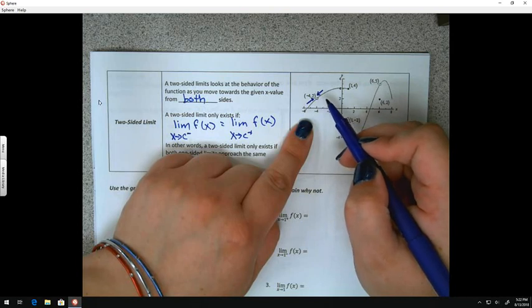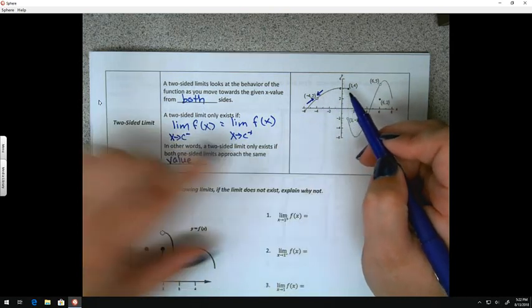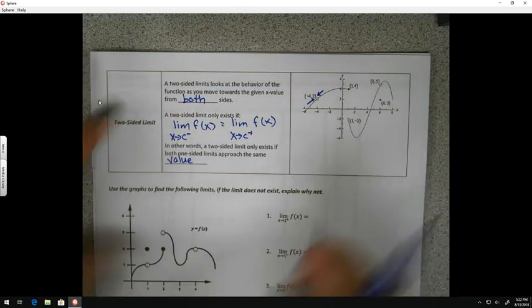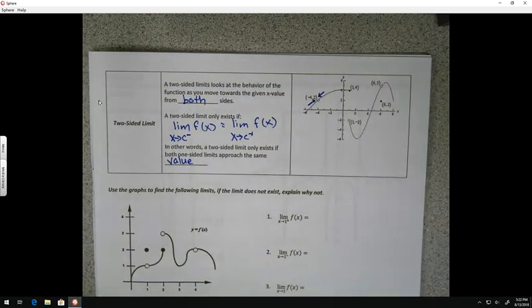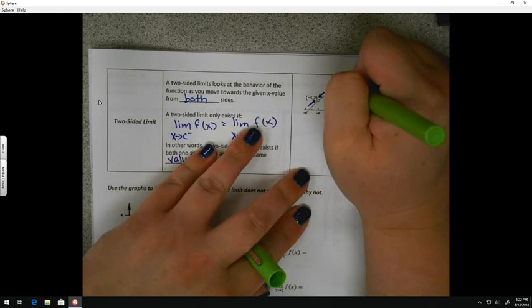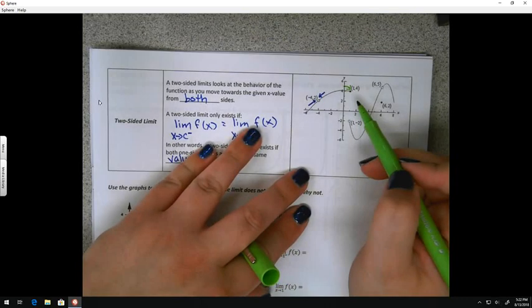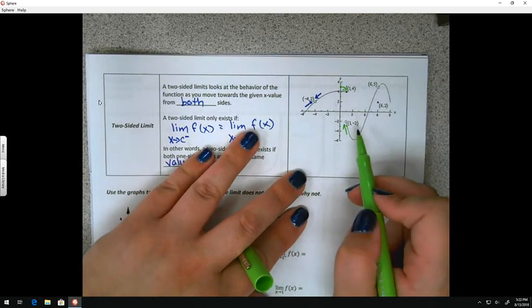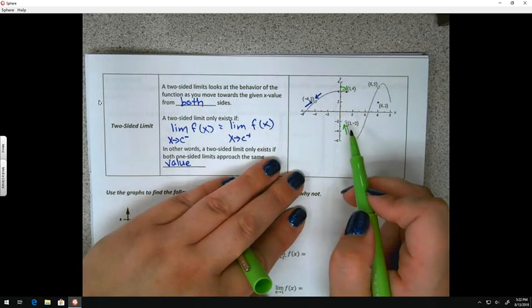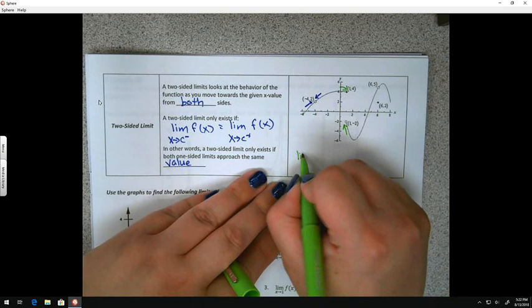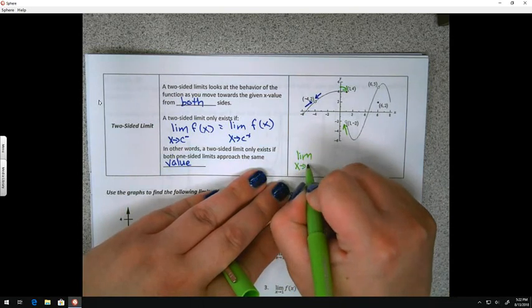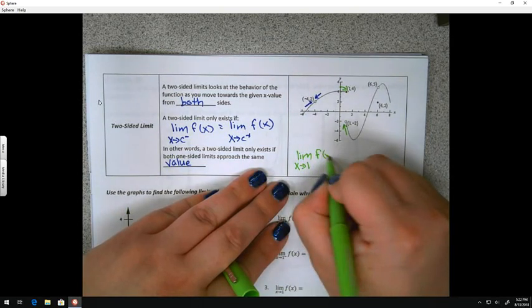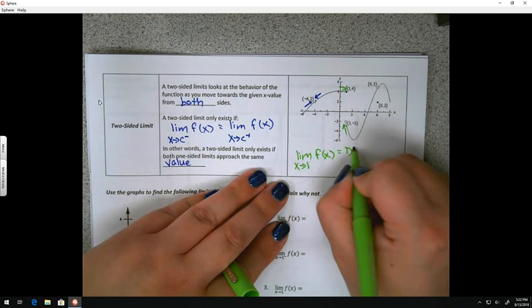If, however, I jump all the way over here to x equals 1, then from the left side, my function is approaching 4, and from the right side, my function is actually approaching negative 2. So for this one, the limit as x approaches 1 of f of x does not exist.